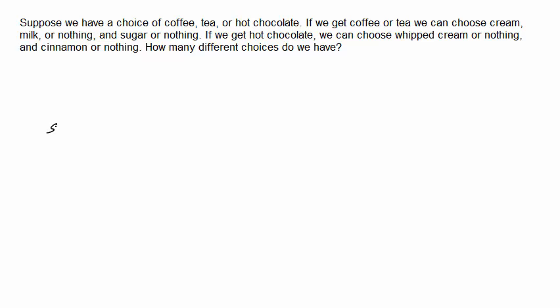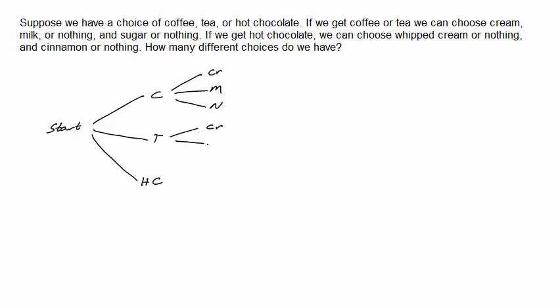So our tree diagram would start, and if we wanted to draw that out, we could go to coffee, tea, or hot chocolate. And then for the coffee choice, I can either choose cream, milk, or nothing.